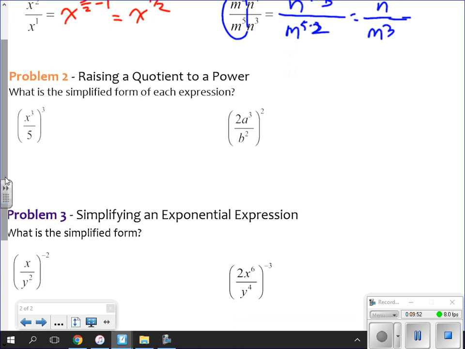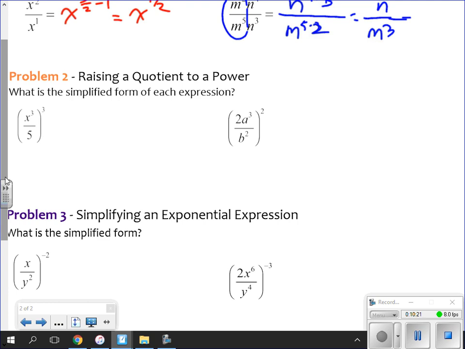Now, a new rule-ish. Okay, when we have things that are multiplied raised to a power, we raise everything to that power. If we have division, everything inside here gets raised to that power as well.